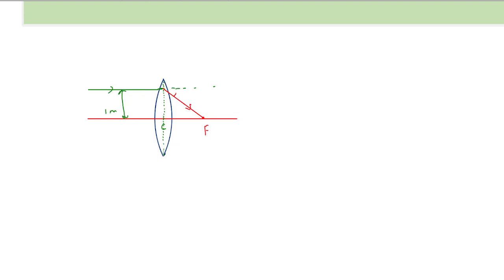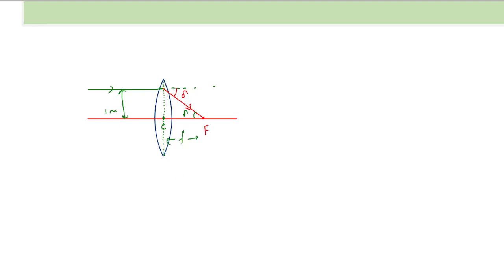Now here this angle would be delta. As seen here, these two lines are parallel lines, and this is the transversal, which means even here this angle would be delta. Distance between C to F would be the focal length, small f.